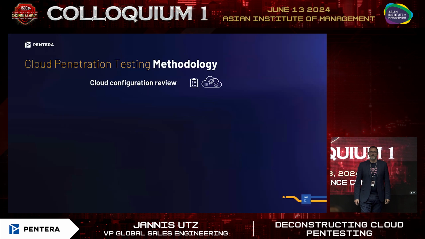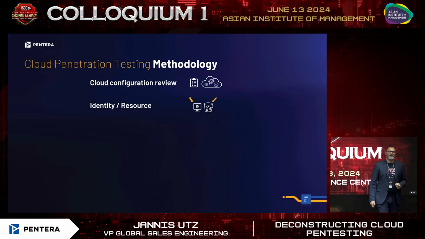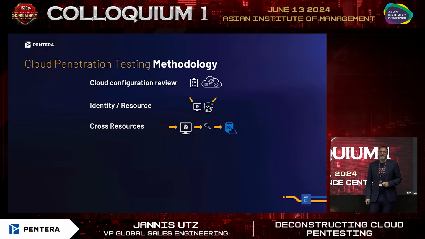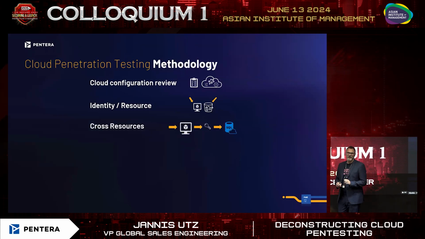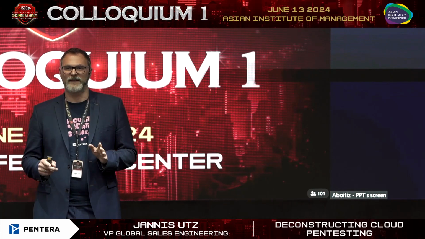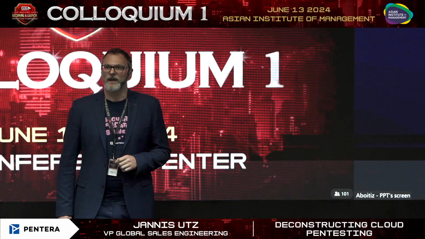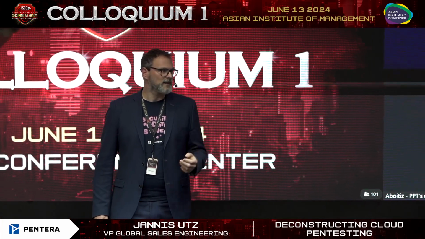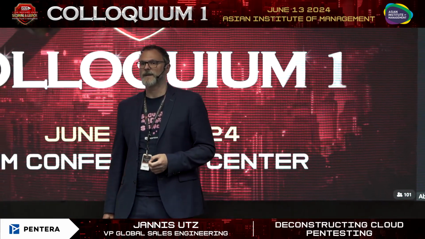Let's look at the methodologies, right? Cloud configuration review, we looked at this. Identity and resource, right? All the access. Cross resources, right? Can I get from this specific piece of data to a database, for example, right? Is it possible to extract a key and then get access to the data in the database?